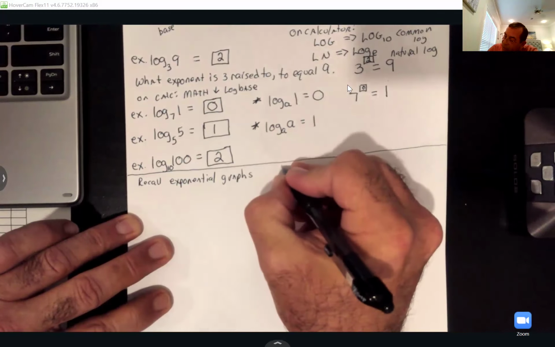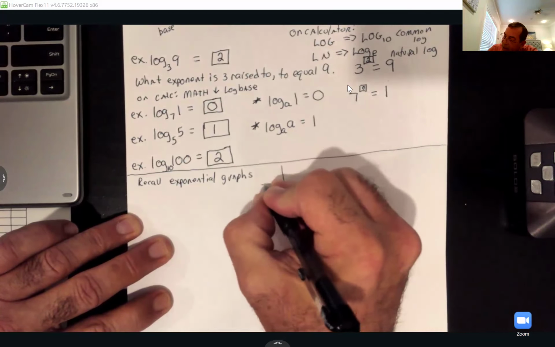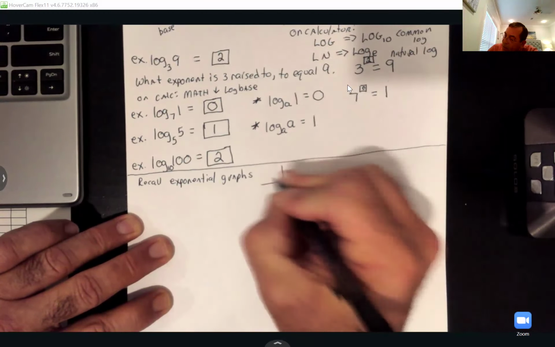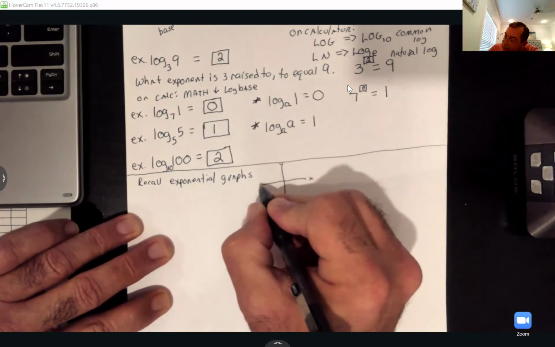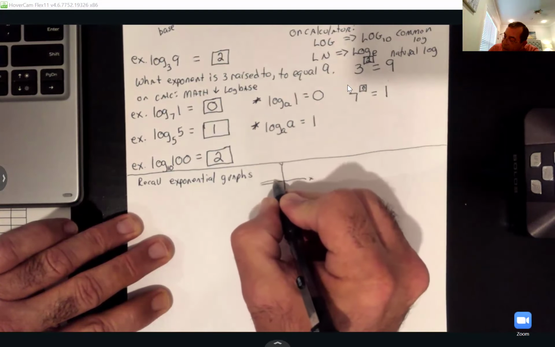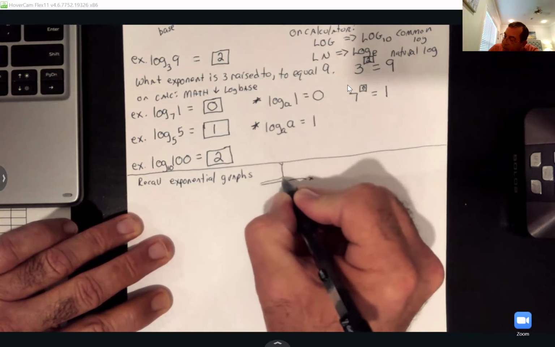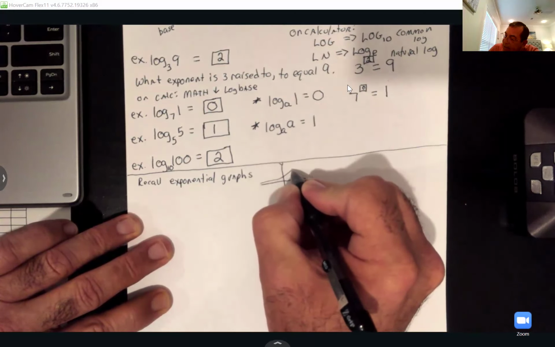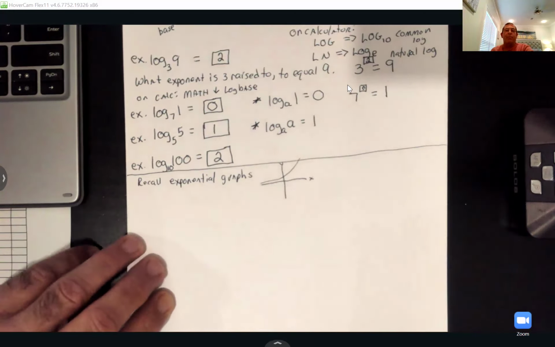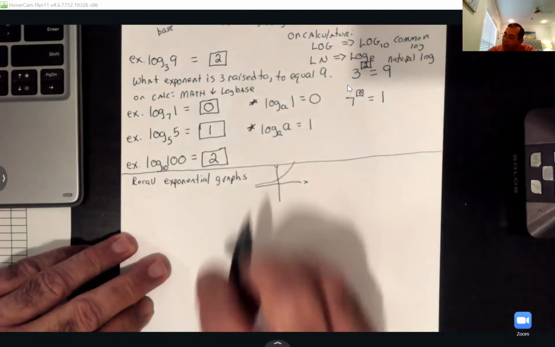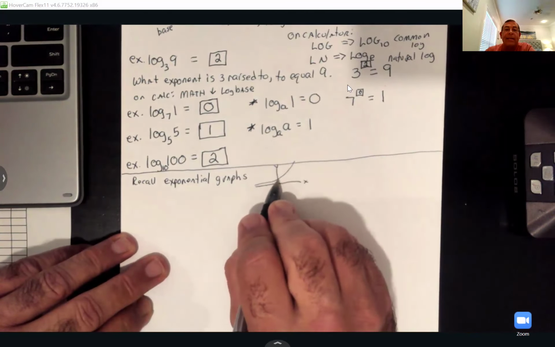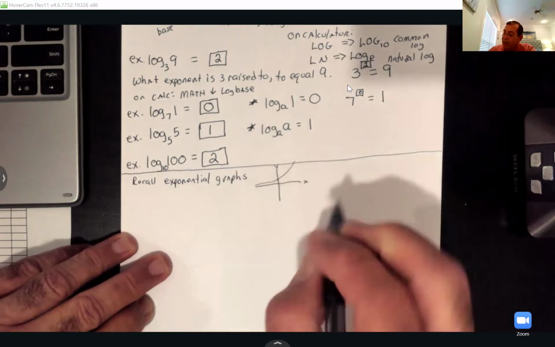My exponential graphs we looked at the other day are x and y. Remember, they sort of had a horizontal asymptote and crossed the y-axis at 0, 1, and then they went uphill, okay?